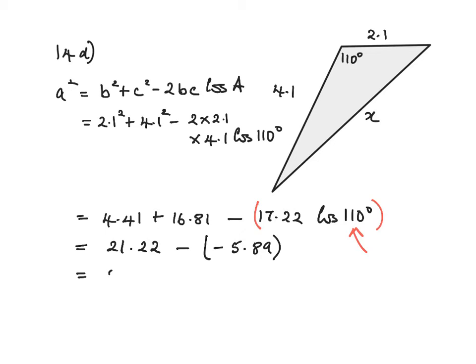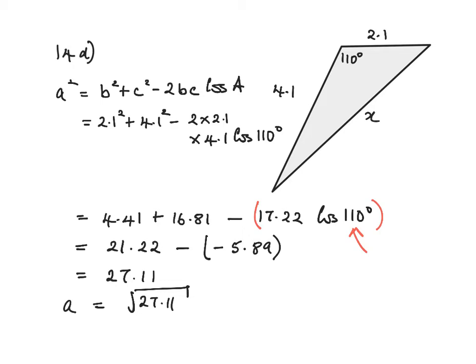Gives us a total of 27.1011, and if we take the square root, we get the answer 5.2. I've just realised that the answer should be given correct to three significant figures, so let me just erase that.